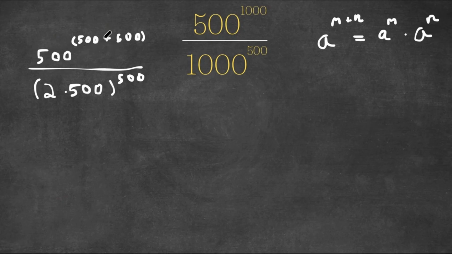Meaning 500 to the power of 500 plus 500 can be written as 500 to the power of 500 times 500 to the power of 500.